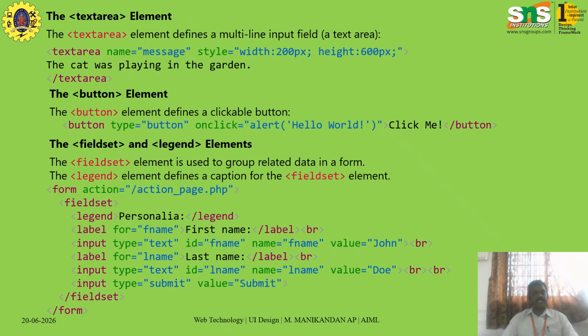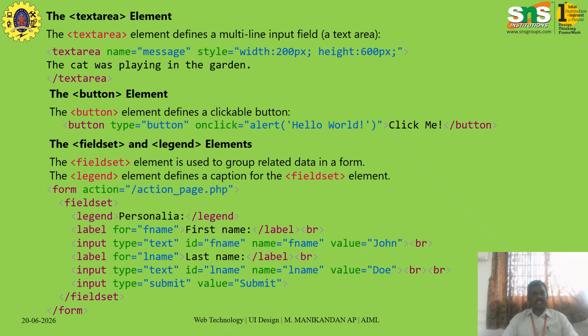Next, the text area element. This element defines a multi-line input field. It is used for any message or feedback information. Then the button element. We use the button element to process any information.